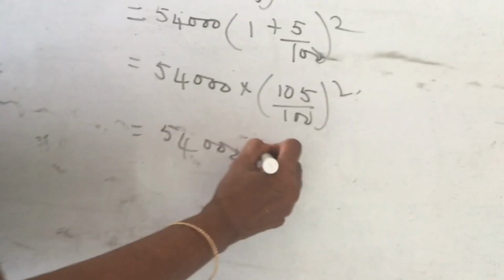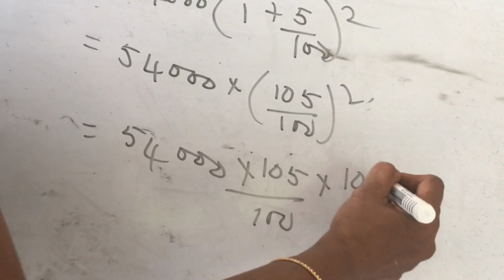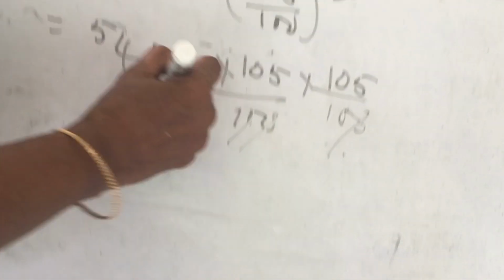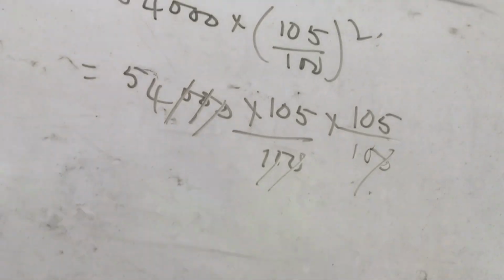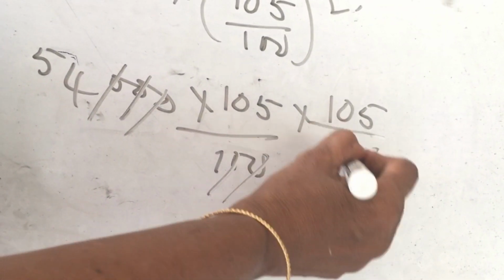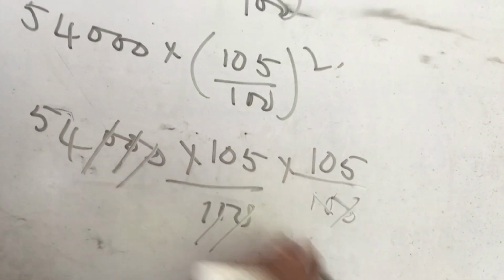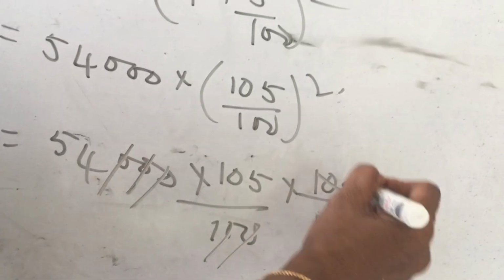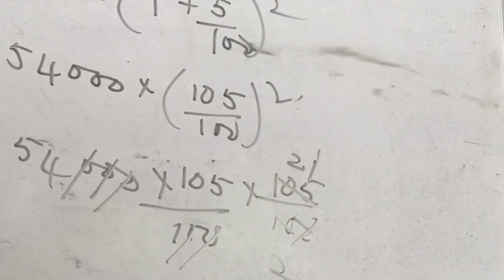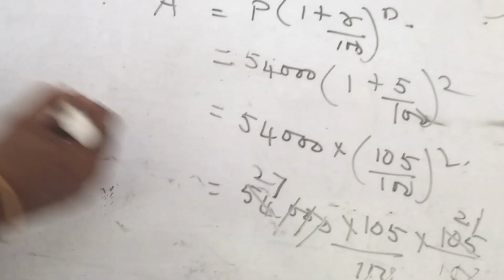54,000 into 105 by 100 into 105 by 100. Cancel your zeros, children. Yes. 2 goes how many times? 5 times. 5 goes how many times? 2 times. 5 goes how many times? 21 times. 2 goes how many times? 27 times.